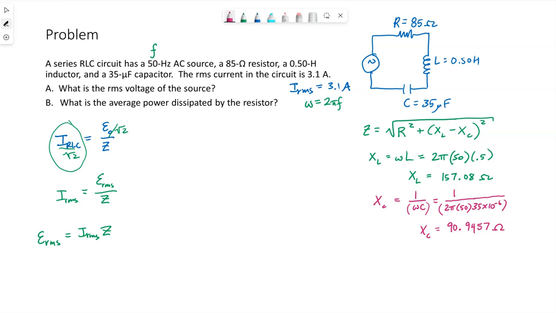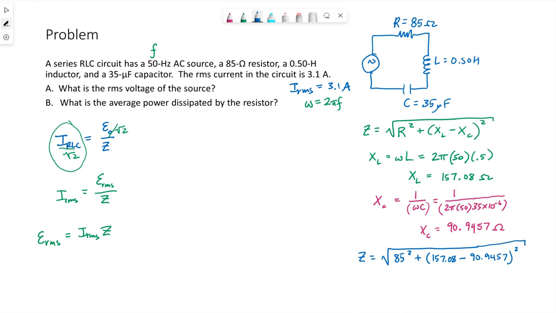So plugging this in to Z, R is the value of the resistor, plus the quantity XL, 157.08, minus XC, 90.9457.